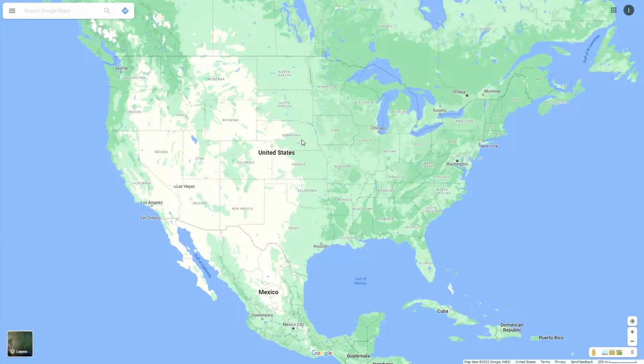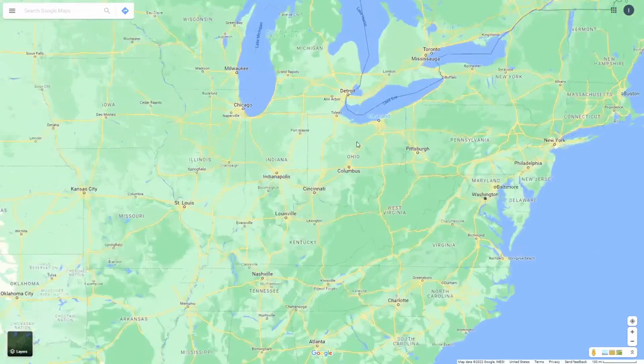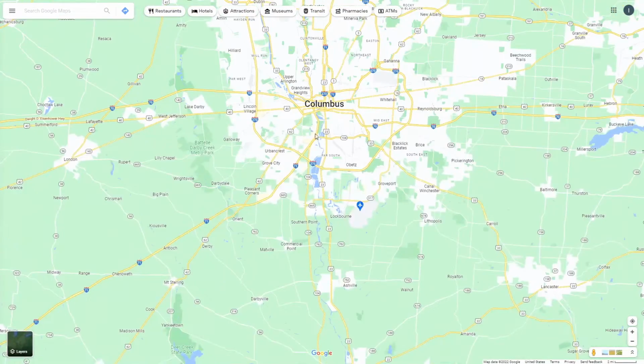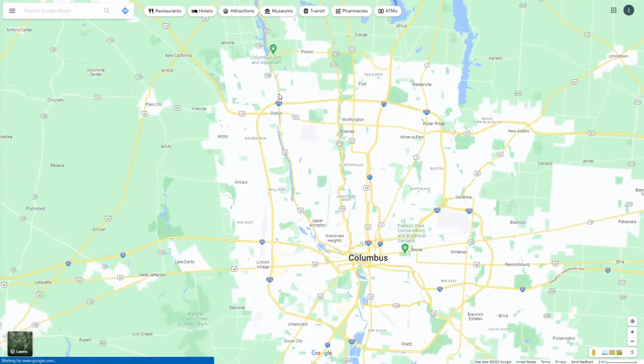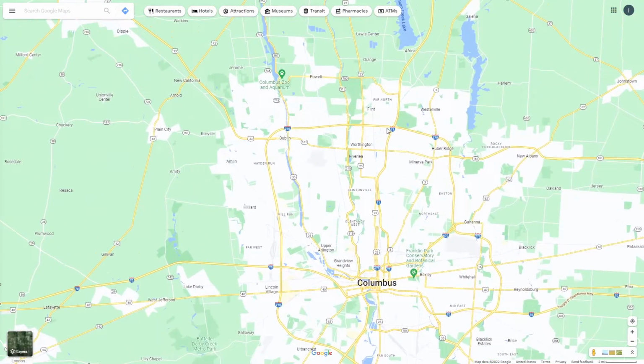Now you might be asking, oh, well, in the city where I drove around, there are interstates with 3-digit numbers, so what about those? So let's go to Columbus here, and you can see we have Interstate 270. Basically what these are is they're spur routes that go off of the main interstates.